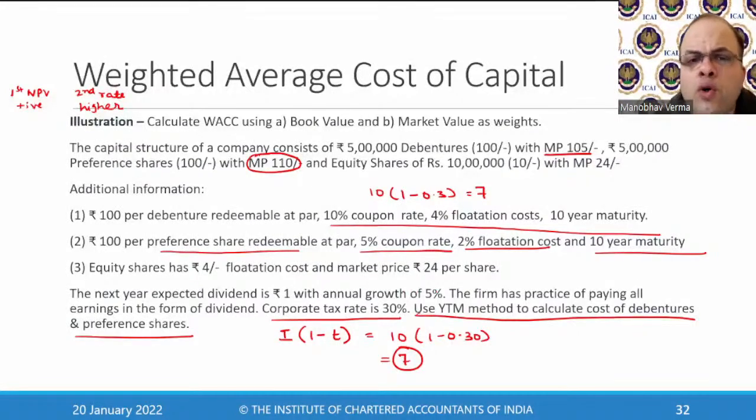I think they are giving us a growth aspect. Next year's dividend is expected to be 1 rupee. Guys, should I multiply this? Is this D0 or D1? So 1 is the next year's expected dividend, so D1 is already given to us. That means we are looking at D1 upon P0 plus g.